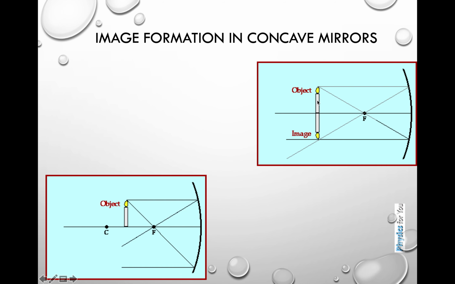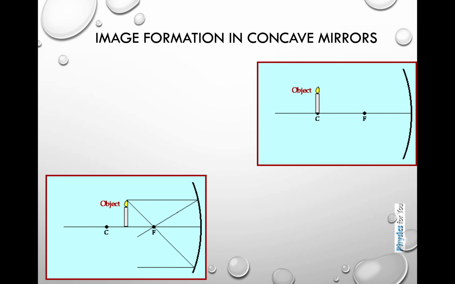So if I put the object at the center here, and the two light rays are moving, one of them is parallel, the second is passing by the focus. When they are reflected back, they will meet in a point at the center. We can describe the image here as inverted, real, and equal in size to the object.